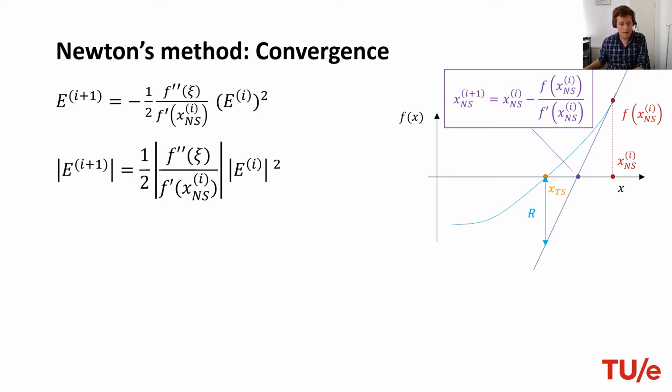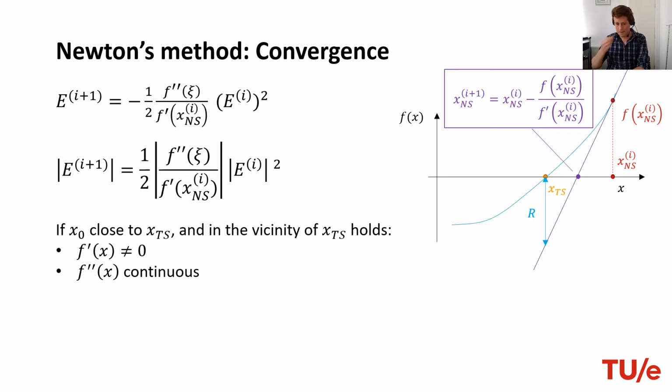But we see then in this case that if x naught is close to the true solution, and if the following two things hold, so if the first derivative is not equal to 0 and the second derivative is continuous, what that practically means is that this term is well behaved and doesn't go off to very large numbers or infinity.